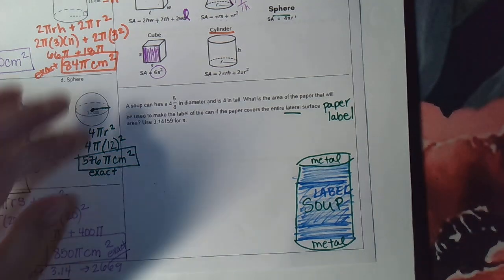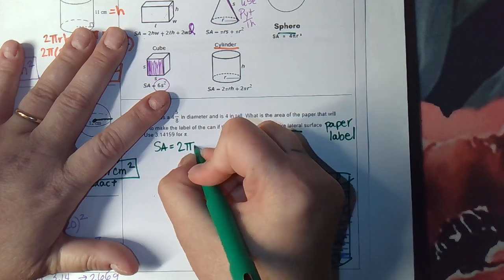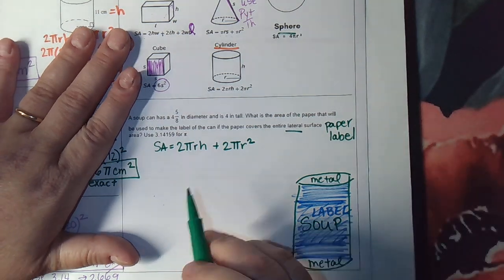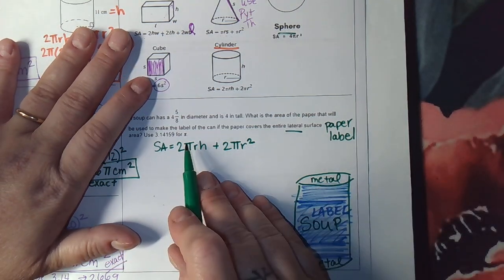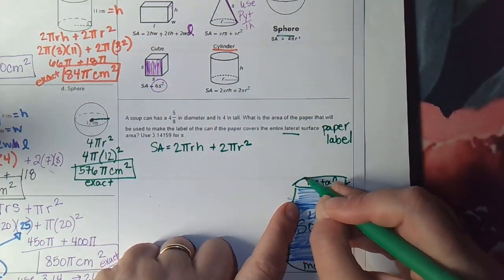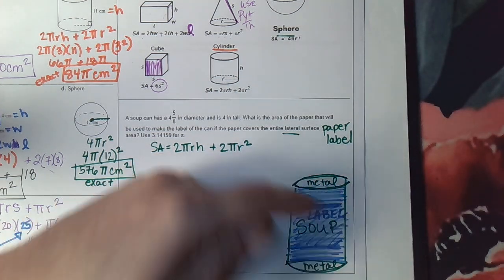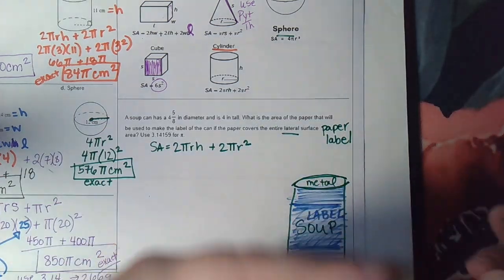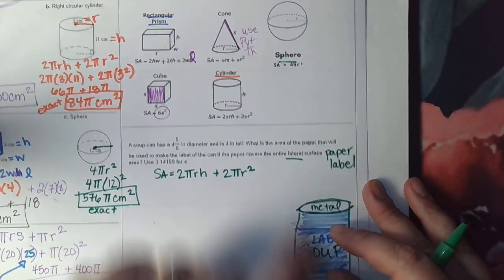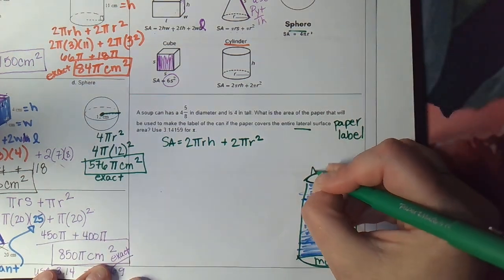Okay, so let's see here. Surface area for a cylinder is 2 pi rh plus 2 pi r squared. Well, one of these pieces we don't need. I don't need whatever represents the area of this metal circle on top and bottom. The area of a circle is pi r squared.